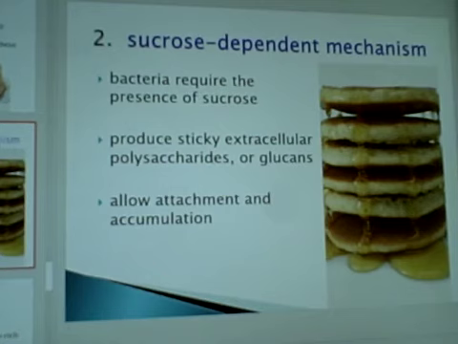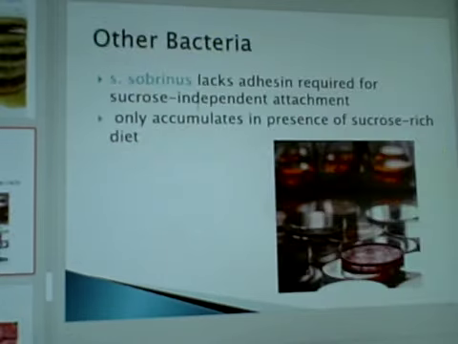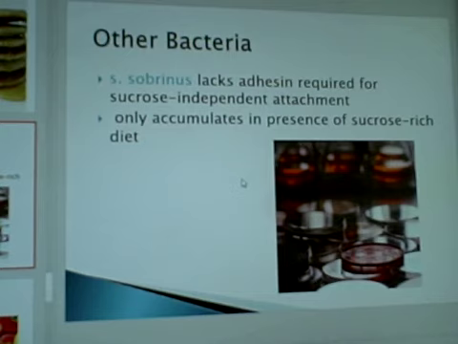When they ingest the sucrose, they produce the sticky extracellular polysaccharides that allow the bacteria to attach and to accumulate. Strep sobrinus lacks that adhesion required, and it only accumulates when there's a high frequency of sugar diet.